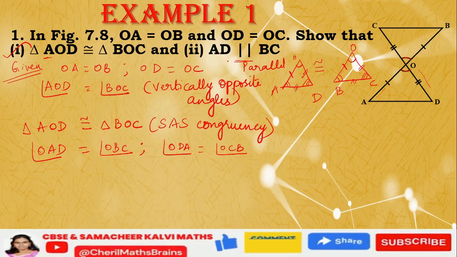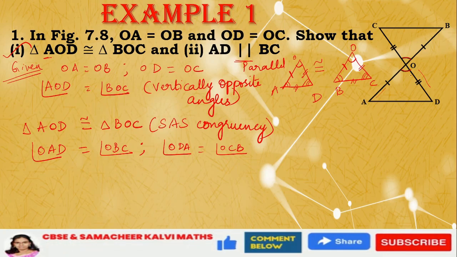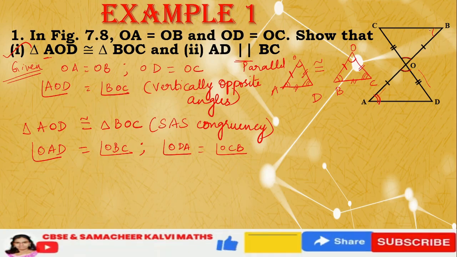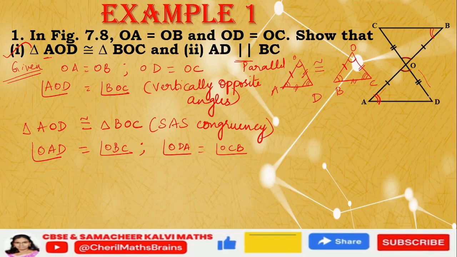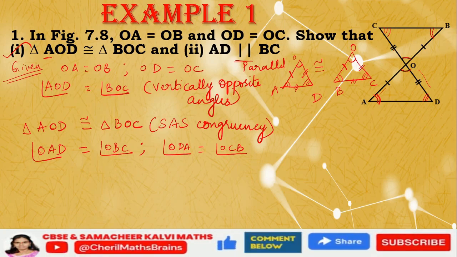But our question is to prove that they are parallel. So now let's mark these angles. OAD is equal to OBC, so this angle and this angle are equal. Likewise, this angle and this angle, that is ODA and OCB, are equal.